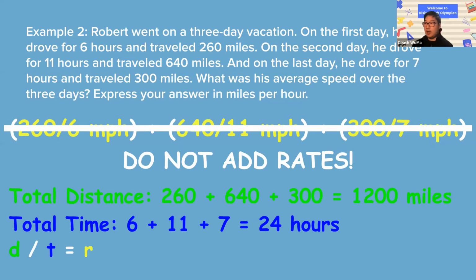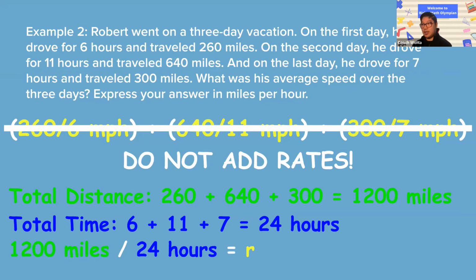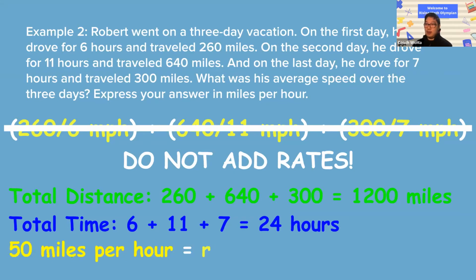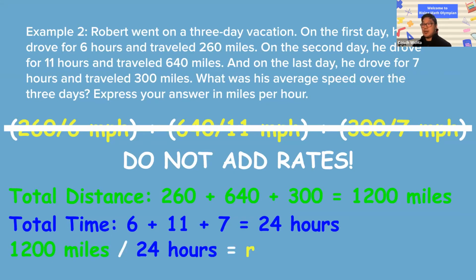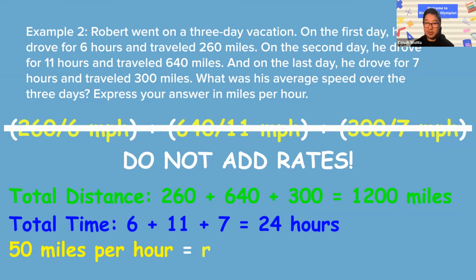So you have the distance, you have the time, and so you can calculate your rate. So it was 1,200 miles for distance, 24 hours for time, and that should give you the 50 miles per hour. Does this make sense to everyone? So thumbs up, thumbs down, thumbs sideways. Is this looking okay?